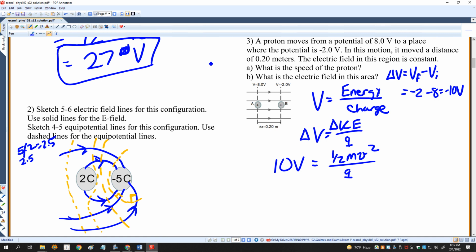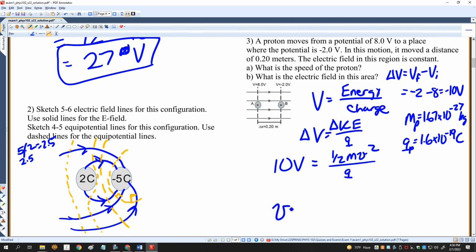Look, I know all these values because this is a proton, and so the mass of the proton is 1.67 times 10 to the minus 27 kilograms, and the charge of a proton is 1.6 times 10 to the minus 19 coulombs. Actually, let's see. I'm going to go ahead and just solve this for v.